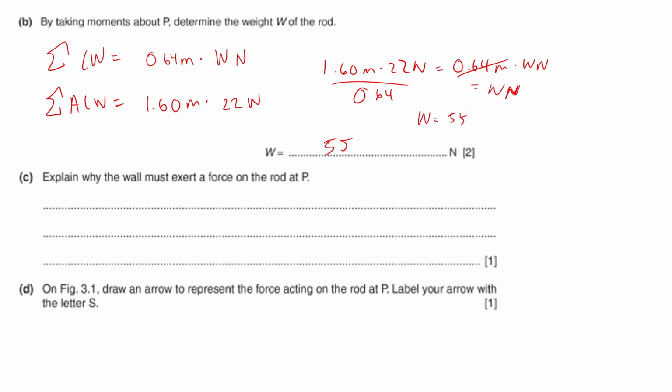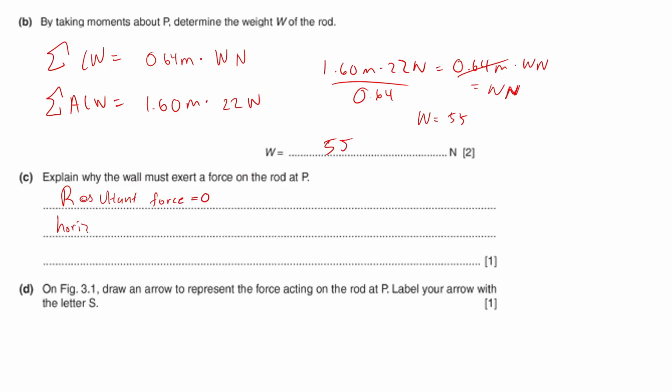Explain why the wall must exert a force on a rod at P. Well, it has to exert a force because the resultant force is equal to 0.